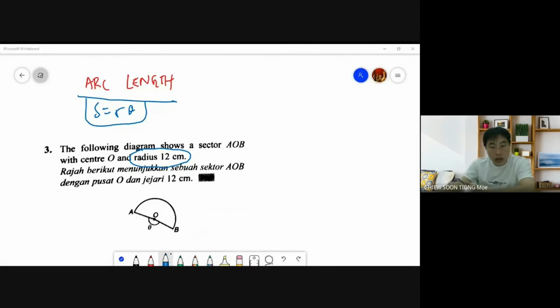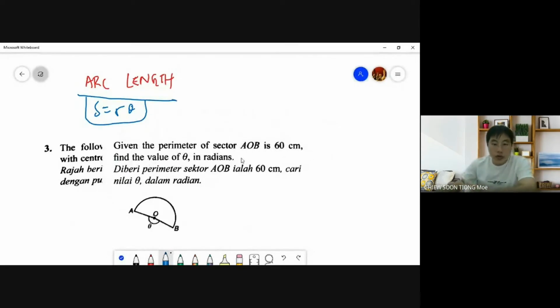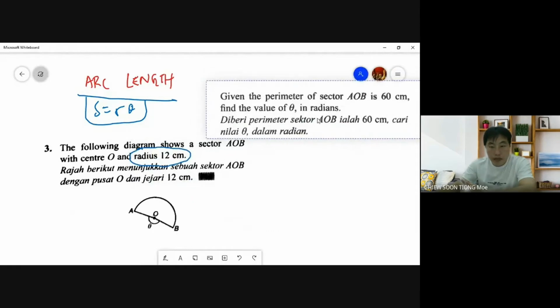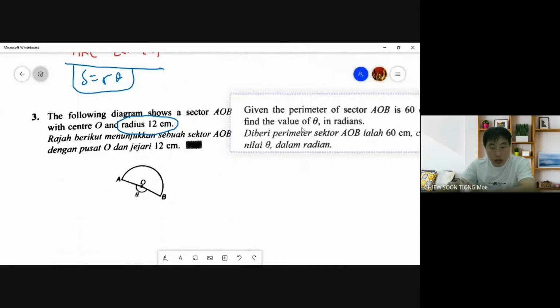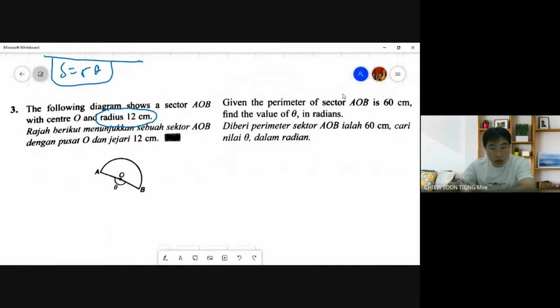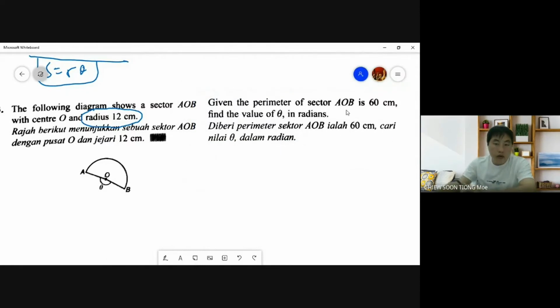The question comes. Given the perimeter of sector AOB is 60.